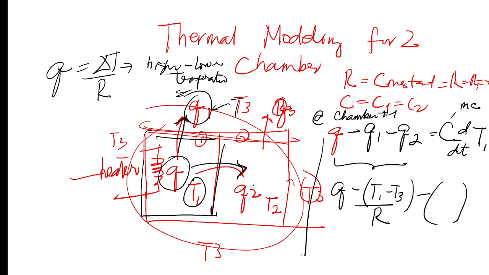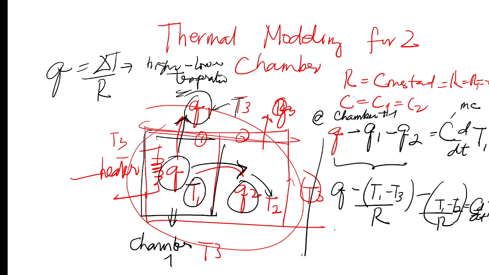Q2 comes from the higher temperature T1 and goes to T2, so T1 minus T2 over R. Then we simply copy this d over dt of T1 because we are concerned about chamber 1.